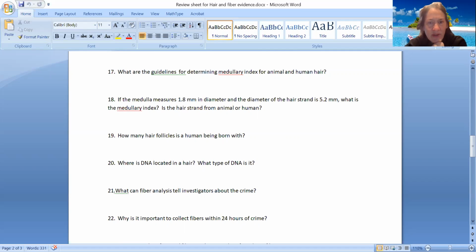Using the answers you gave for number 8, which stage does the hair fall out? Telogen. Which stage is rapid growth? First stage, anagen. And which stage do the follicles begin to recede? That is catagen.